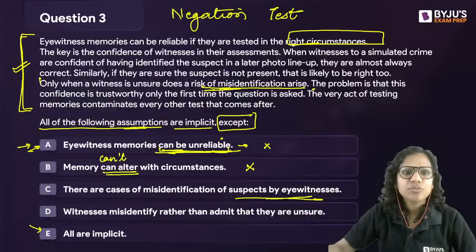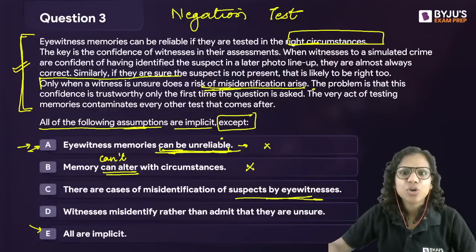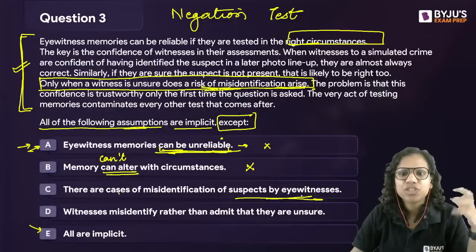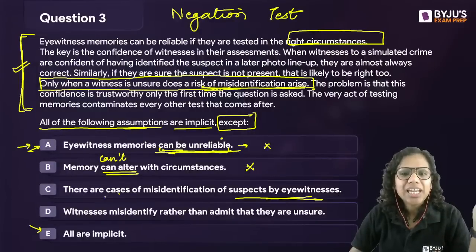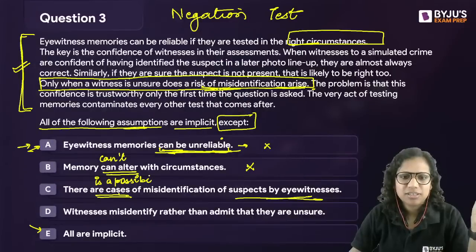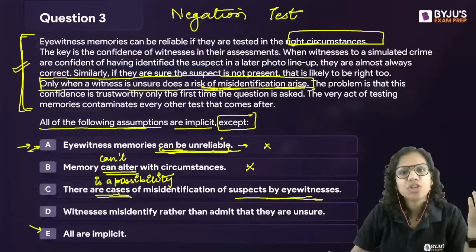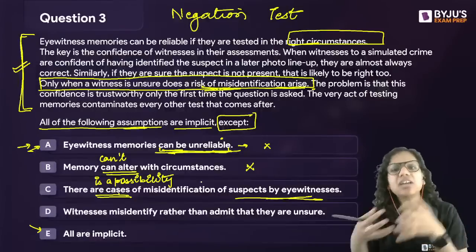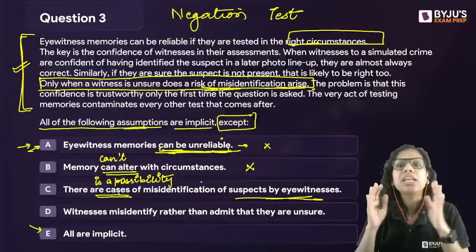So we are talking about a risk of misidentification. I understand that this looks extreme. We should rather say there is a possibility of misidentification, that would be better. That possibility exists. Rather than saying that there are cases of misidentification, I agree with you there.